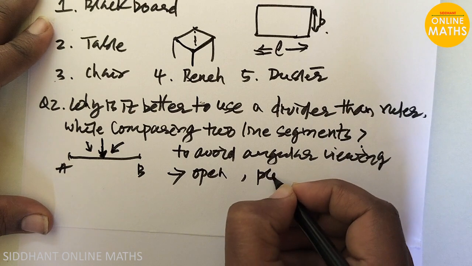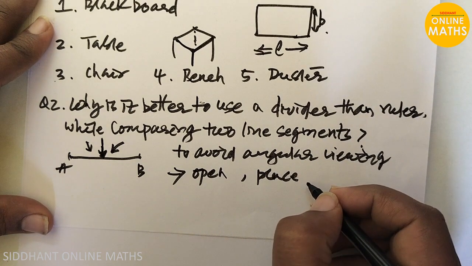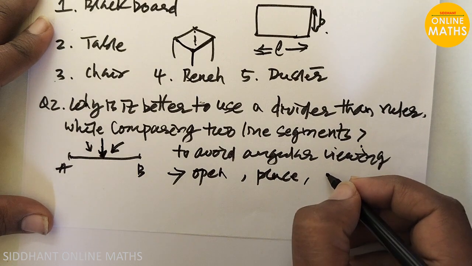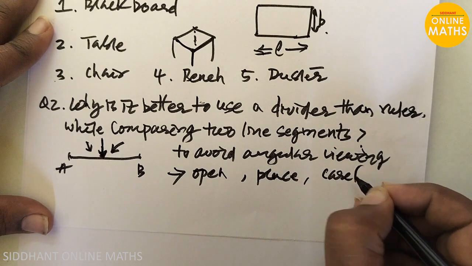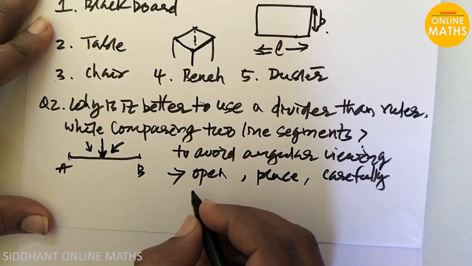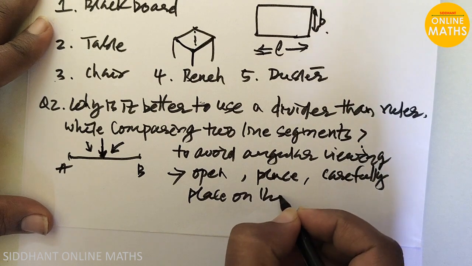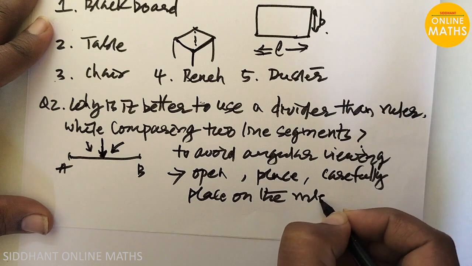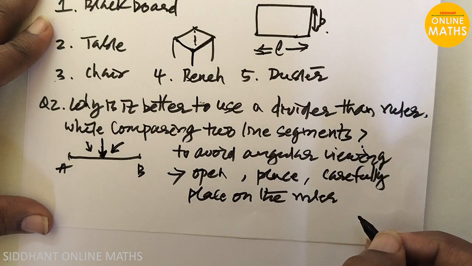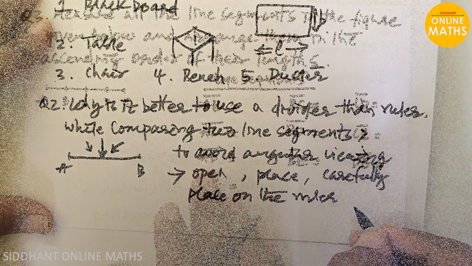After that you take it back carefully and place it on the ruler. You get a proper dimension after reading the line segment.